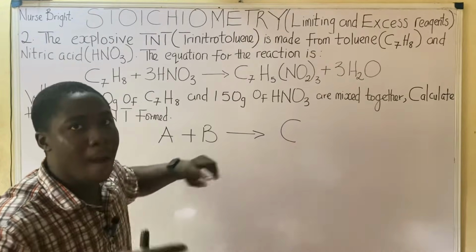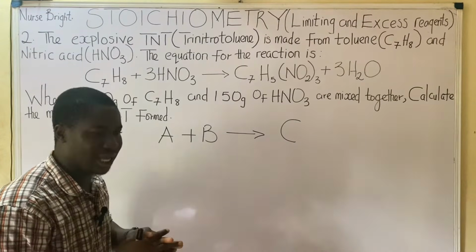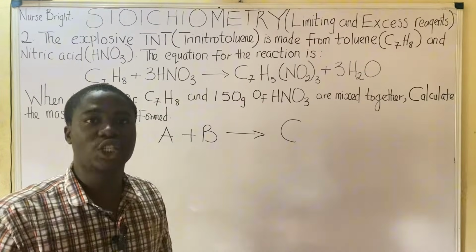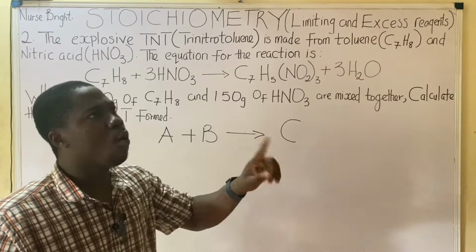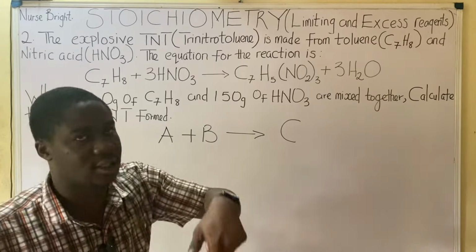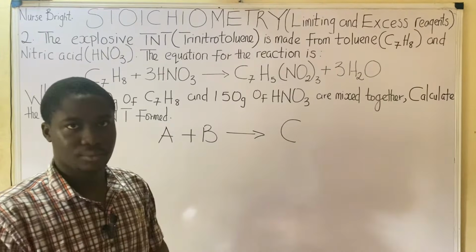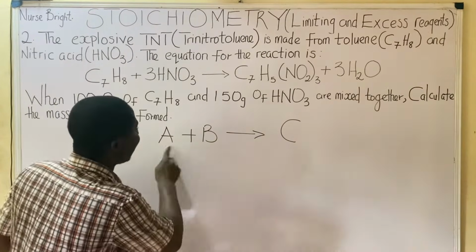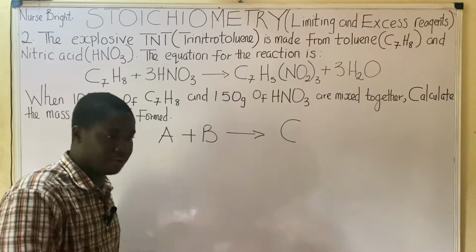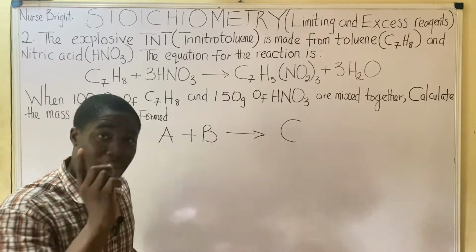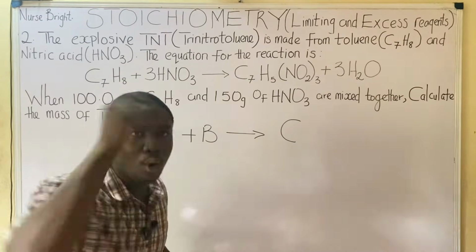Are you following me now? But let's say, for instance, both A and B were reacting together and one of them finishes first in the reaction. What do we call the one that finished first, limiting or excess? Simple. Because A and B reacted together and one of them finishes first, the reaction will not go into completion.